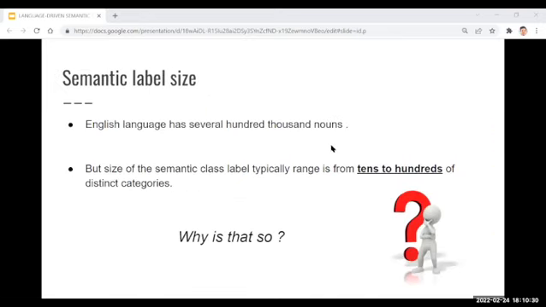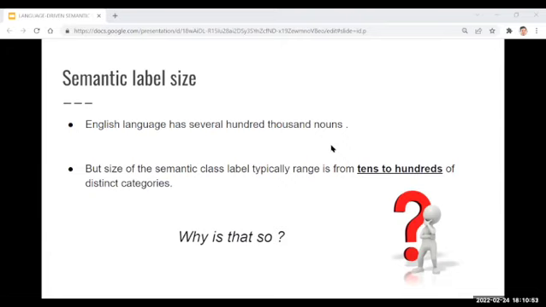Let's move forward. Now we know what semantic segmentation is. So the question that comes to mind is that the English language has several hundred thousand nouns, isn't it? So why do we have only a limited set of semantic class labels assigned to pixels?